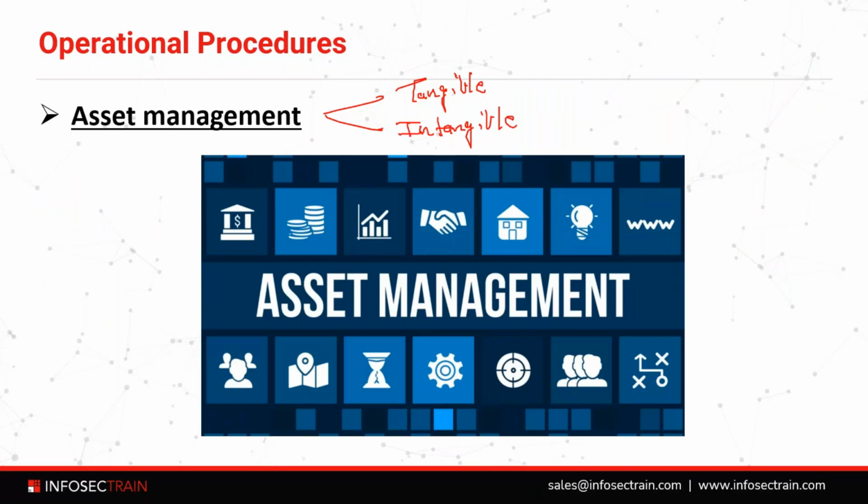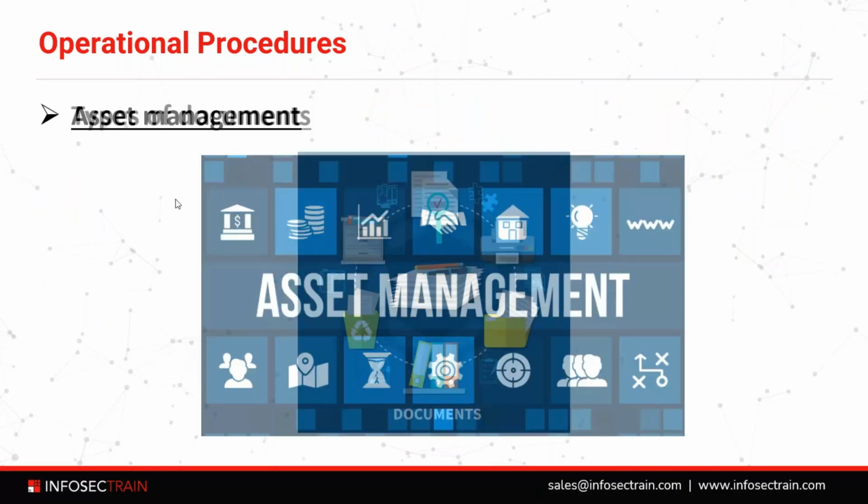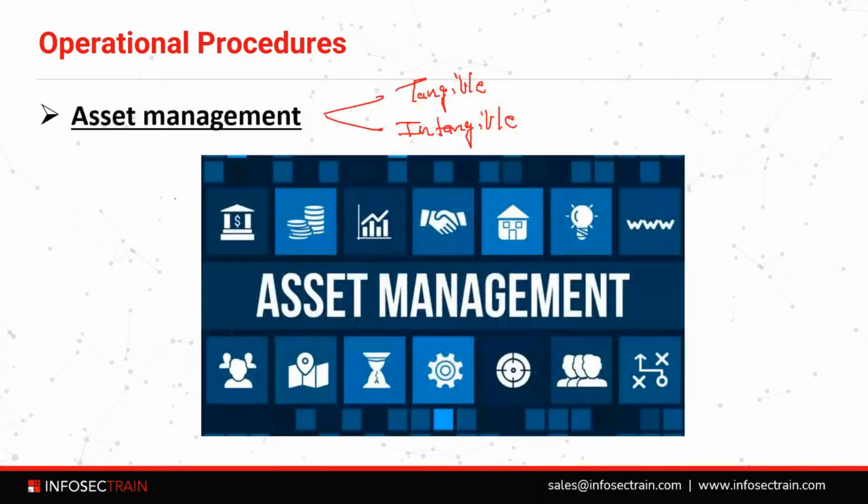Intangible asset inventory includes software licenses, data assets like intellectual properties, right? So when we are talking about these assets, so we have database systems.